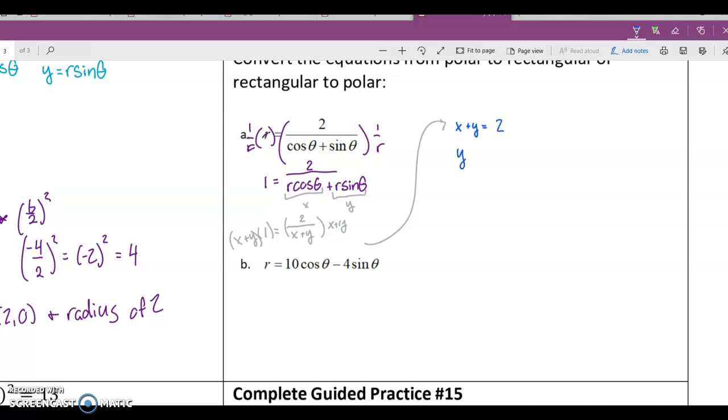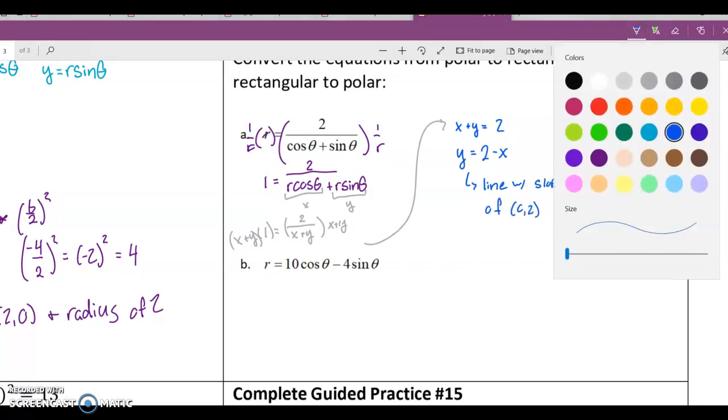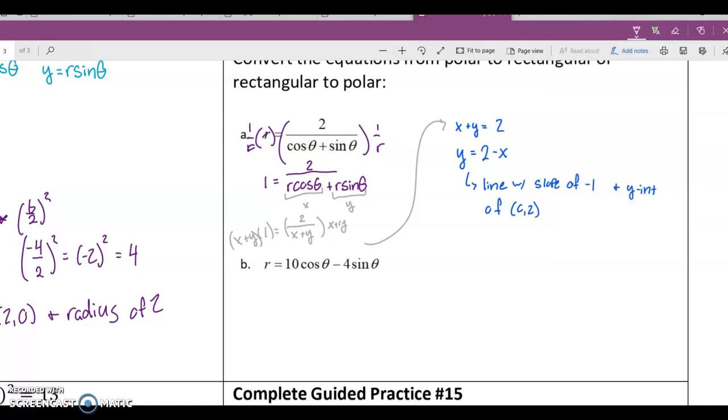Subtract the x, y is equal to 2 minus x. So this right here is a line with a slope of -1 and y-intercept of (0, 2). And if you wanted to go back on Desmos and check that, go for it.